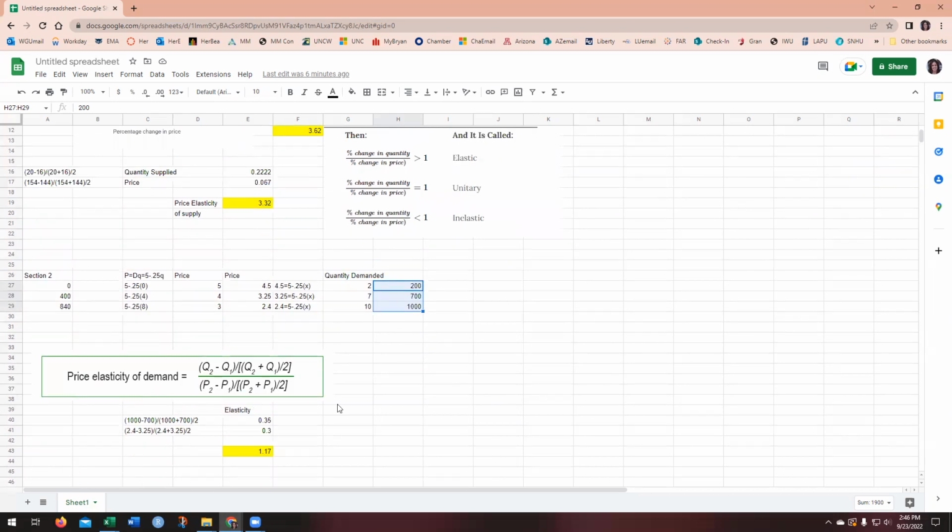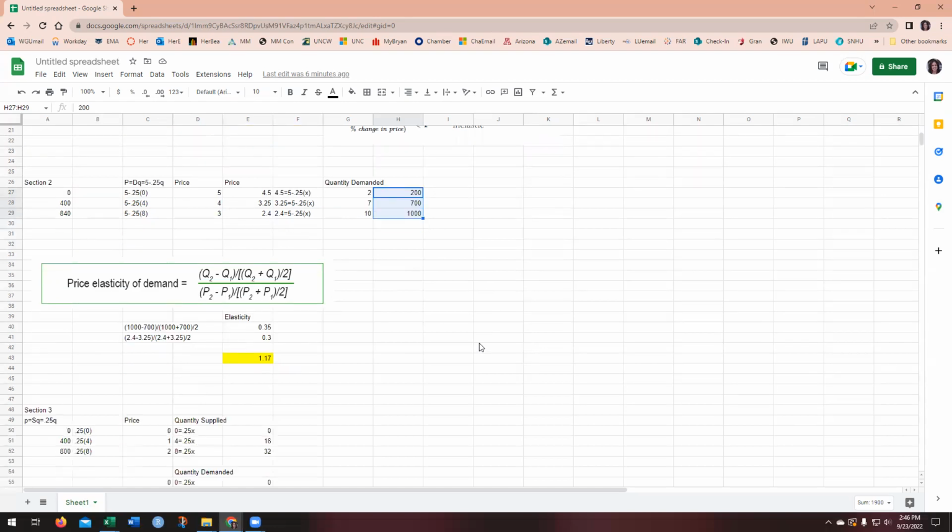And so you may find that one shift, like from one price to another, is more or less elastic than another. And so that's sometimes fun and interesting to do. So don't feel like you need to get this answer, use these variables. It does not say. It says calculate the price elasticity of demand and determine if it's elastic, inelastic, or unitary.